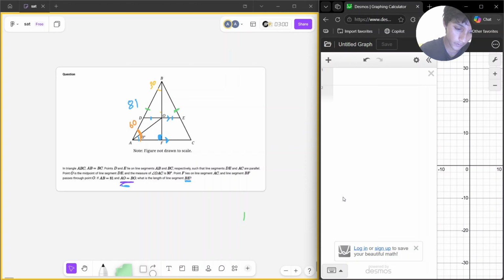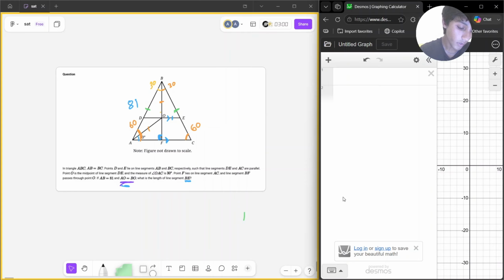Now that we have our 30, 60, 90 triangle, all you have to know is that since this side is equal to that because it's an isosceles triangle, this is also 60, and then this is also 30, which means that they are similar triangles because of AA similarity.